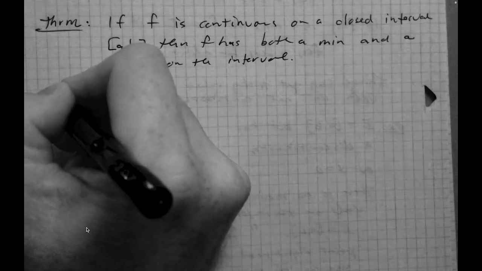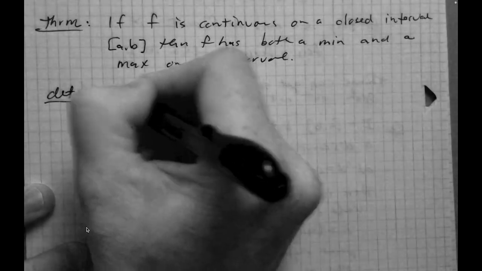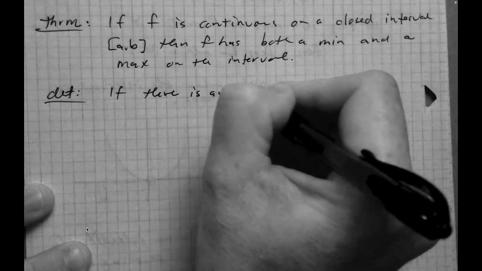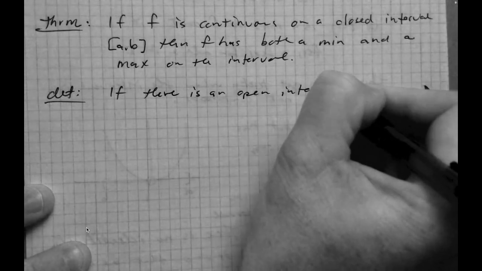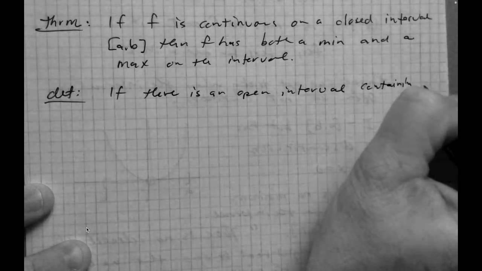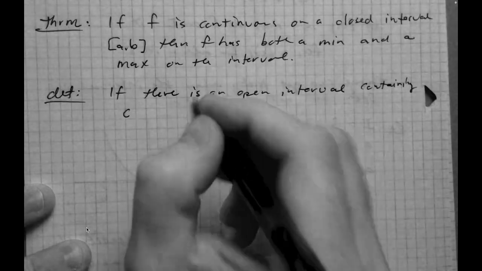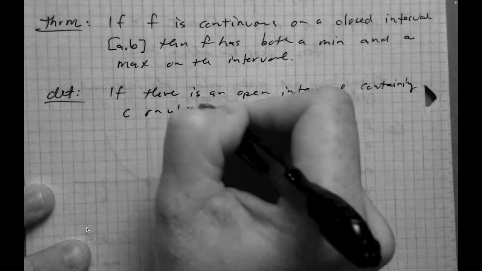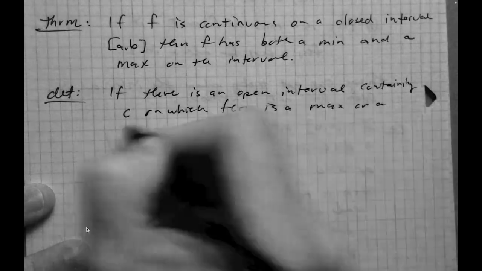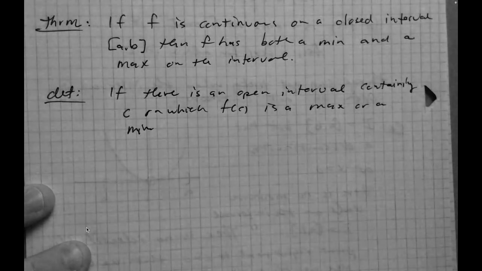But let's define what we mean by a relative max or relative min. If there is an open interval containing c, on which f of c is a max or a min, then f of c is called a relative max or min.